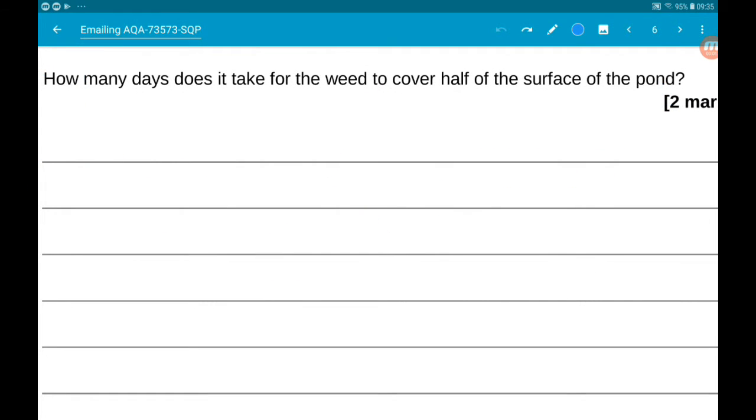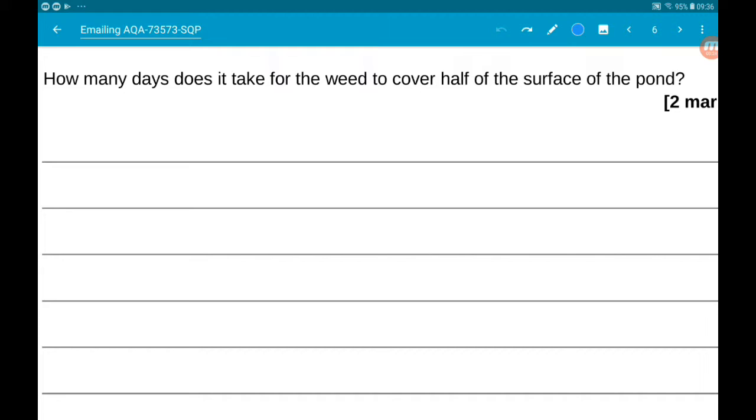Okay, B part 3 wants us to work out how many days it will take for the weed to cover half the surface area. So the pond is a circle with radius 2. The area then is 4 pi, half the area then is 2 pi.